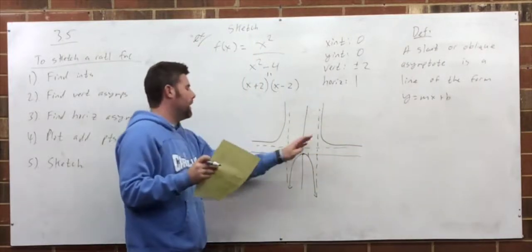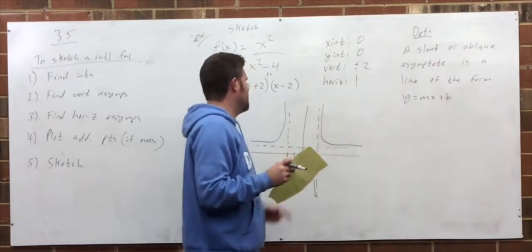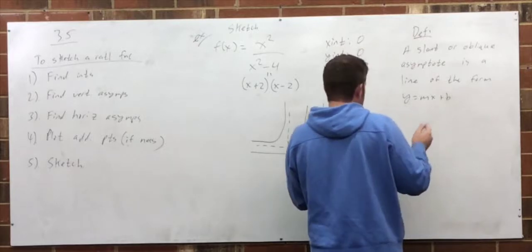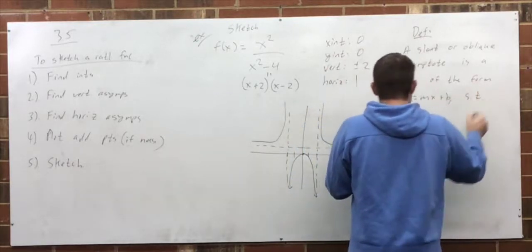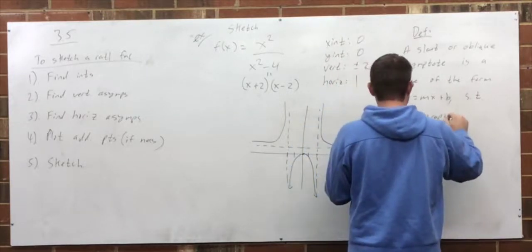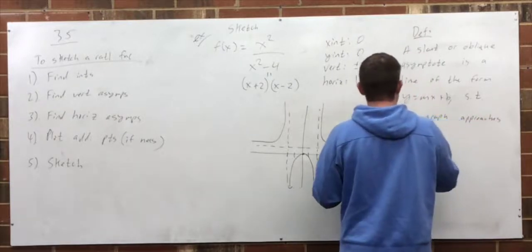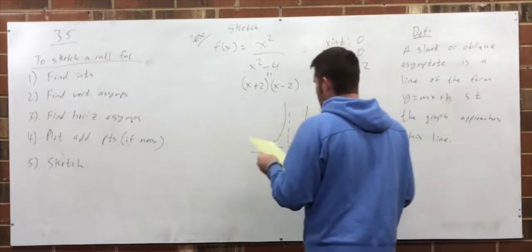It goes through your graph. It serves the same purpose as a vertical or horizontal asymptote does, just looks slightly different. Right? So it has the form y equals mx plus b, such that the graph approaches this line. So we'll look at one example.